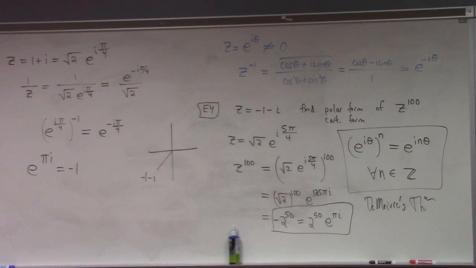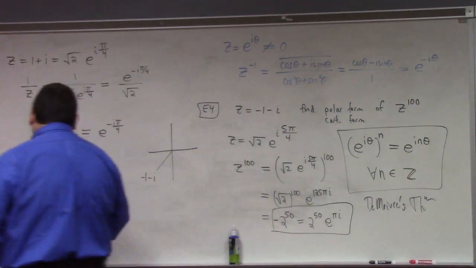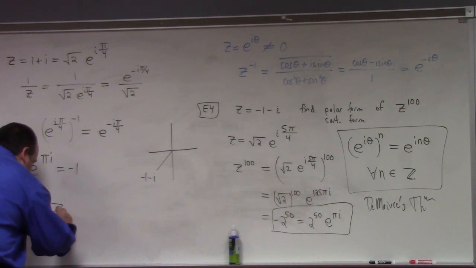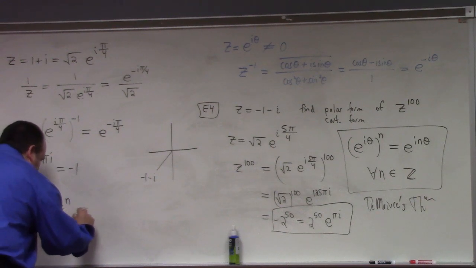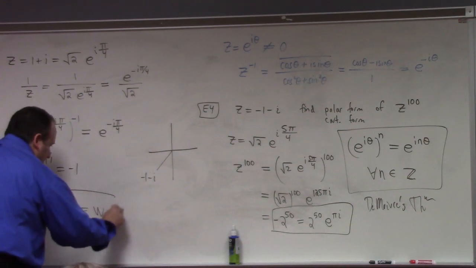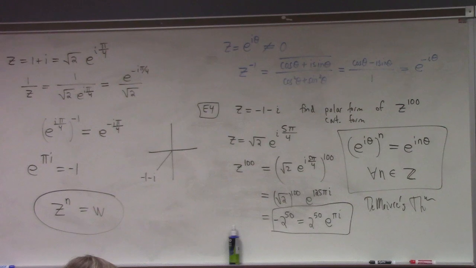Man, I wish I had 10 more minutes. We were right on the cusp of something really interesting. So the next thing we do is we solve the equation z to the n equals w in the complex domain.